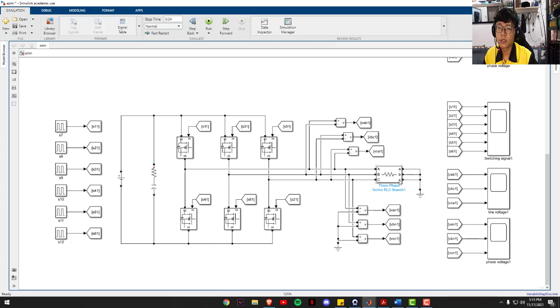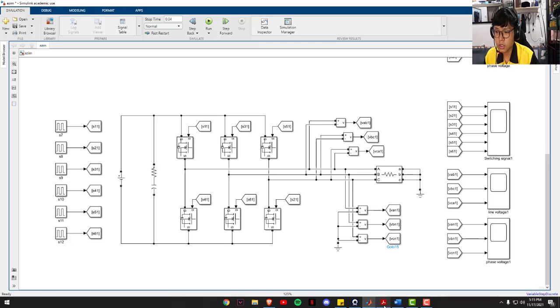So the C terminal will be open, so the voltage is 0, while for terminals A and B, just like I said earlier, the formula for VAN is Vs over 2, and for VBN is negative Vs over 2.